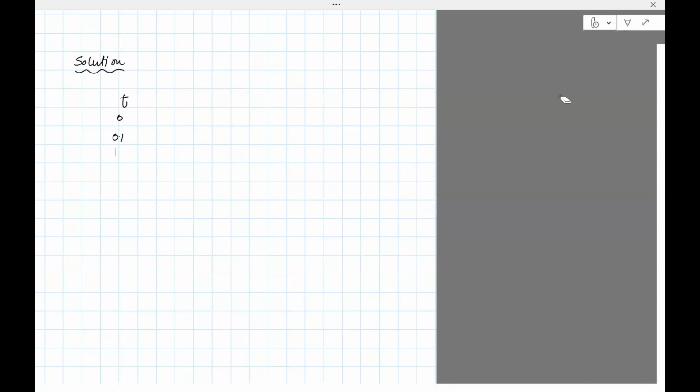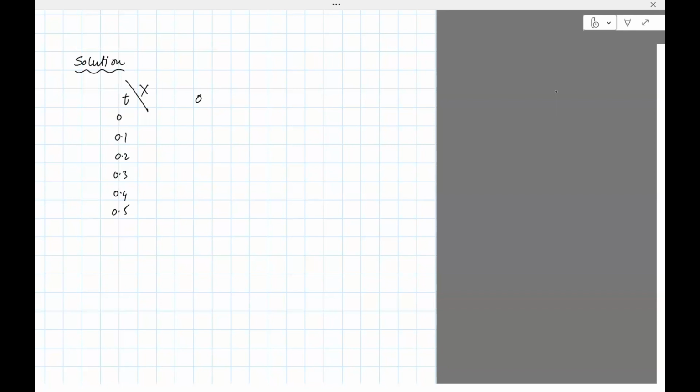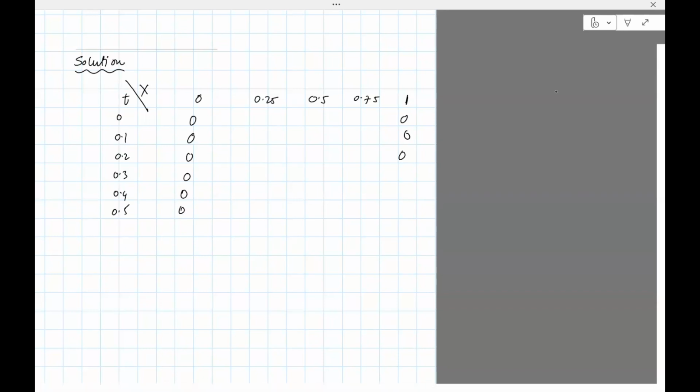The time values are 0, 0.1, 0.2, 0.3, 0.4, 0.5, and then x is 0, 0.25, 0.5, 0.75, and 1. Everything at 0 is 0. Everything at 1 is also 0.